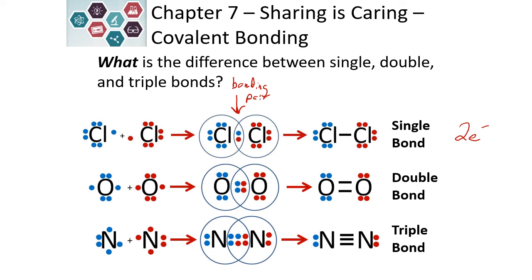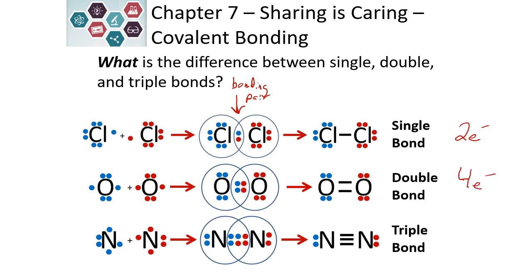Oxygen, which prefers to have 2 lone pairs and 2 unpaired electrons, needs to share 2 additional electrons in order to have 8. So those 4 shared electrons become a double bond, which consists of 4 electrons.